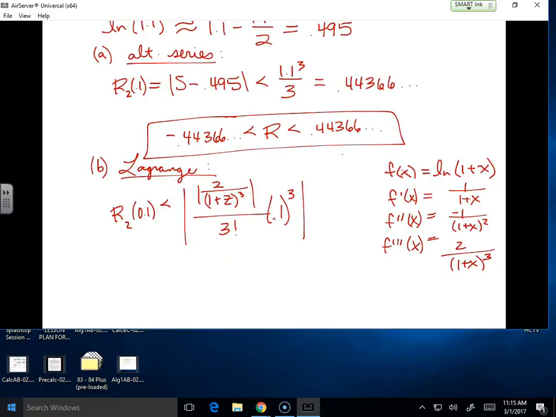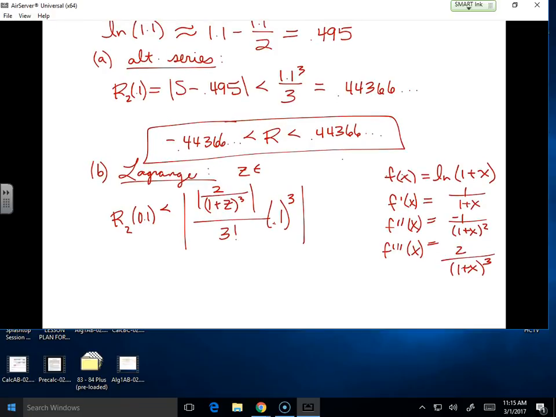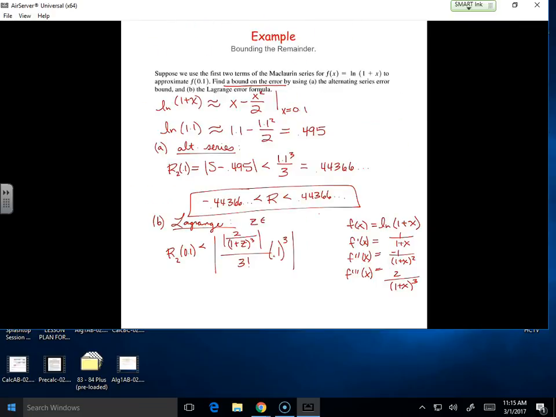So, question, what is my interval? Z must be within what to what? Is it between 0.9 and 1.1? Where are we centered at? 0? So C is 0.